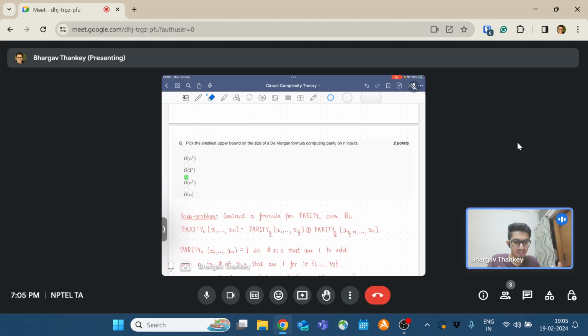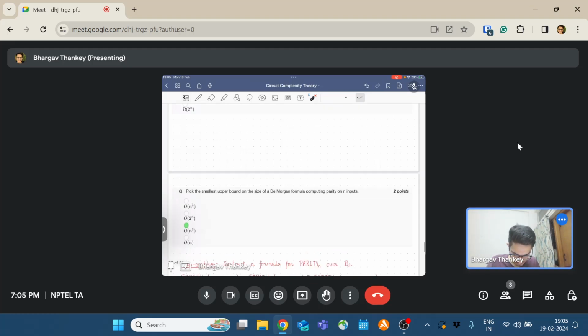Parity on x1 to xn is just x1 XOR x2 XOR x3, and so on. If this is the XOR of these bits, then combining with this central XOR, you get the XOR of everything, right?